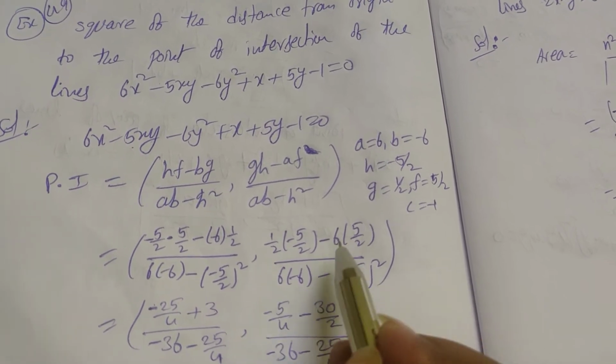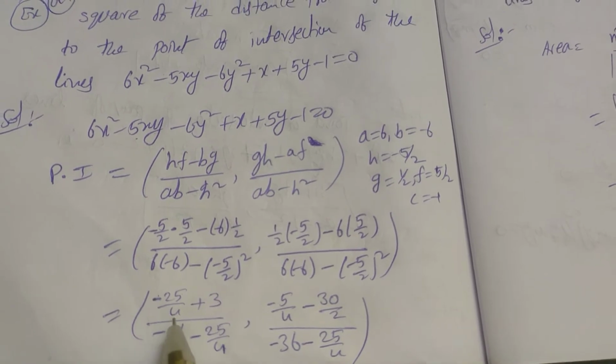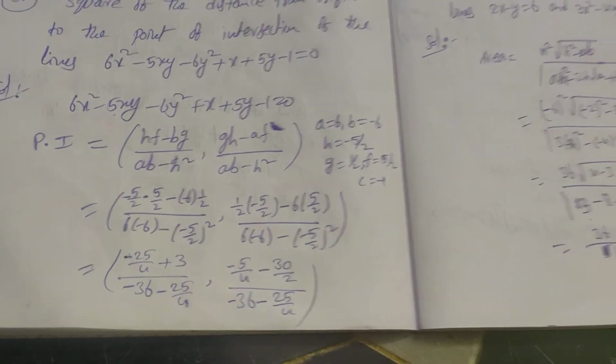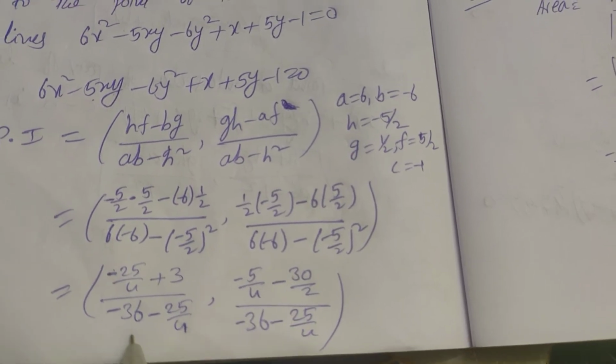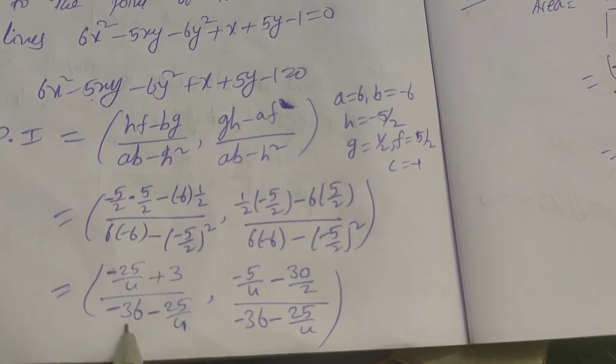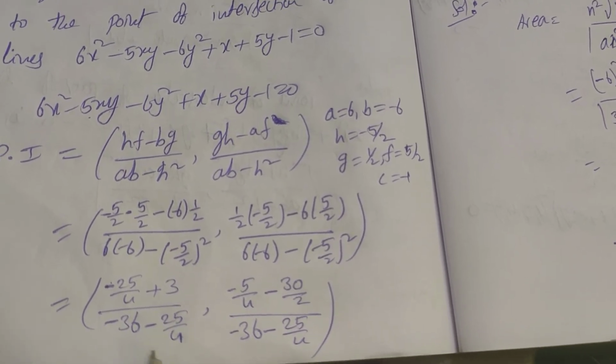So minus 5 by 4 minus 30 by 2 by minus 36 minus 25 by 4. So 4 3s are 12, minus 25 plus 12 means 13 by 4. This is minus 36, 4 36s are 144, 144 minus 25 is 169 by 4.